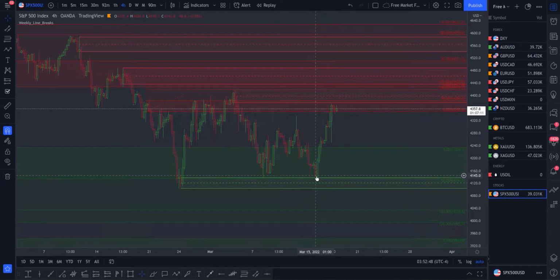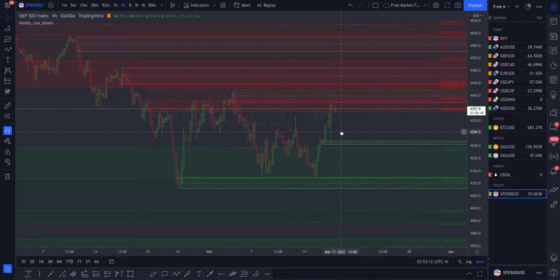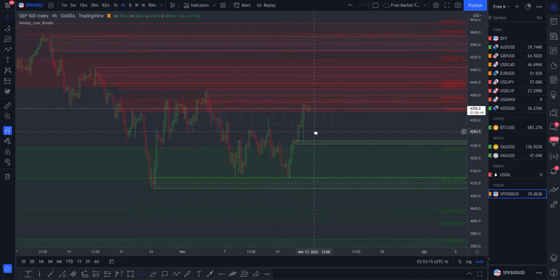But this has been a nice trade to the upside, creating some nice demand. This 4-hour demand was created here and respected, tapped into our 4-hour equilibrium, and just kind of pushed up on this 4-hour trade here. So we'll see how this continues to play out.